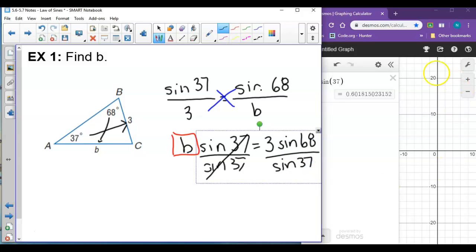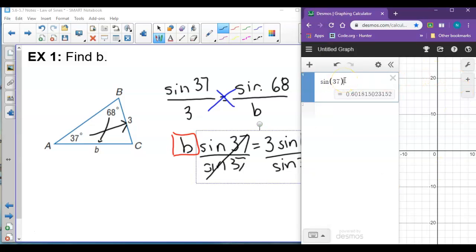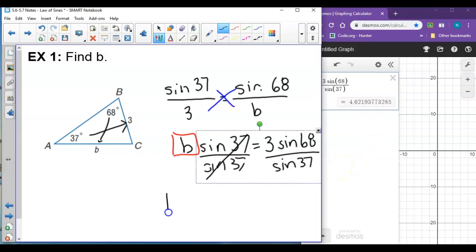And so if I type that in over here into Desmos, I've got 3 sine of 68 divided by sine of 37. And so B in this case is going to be 4.622 if I round to the nearest thousandth there.